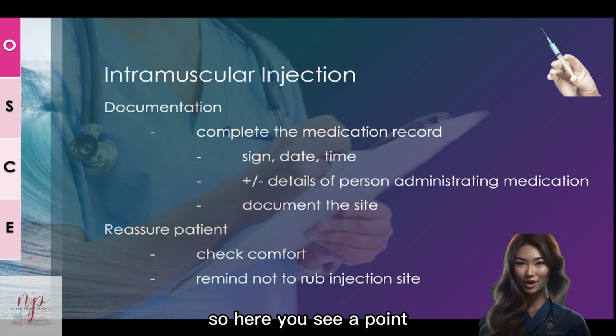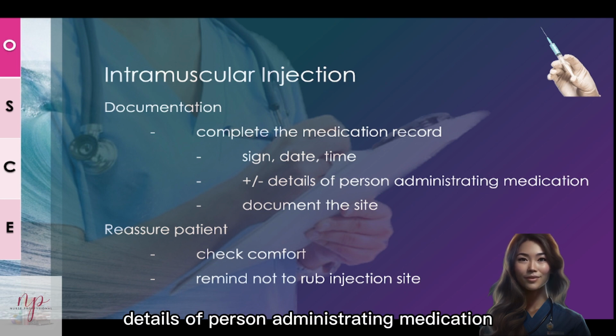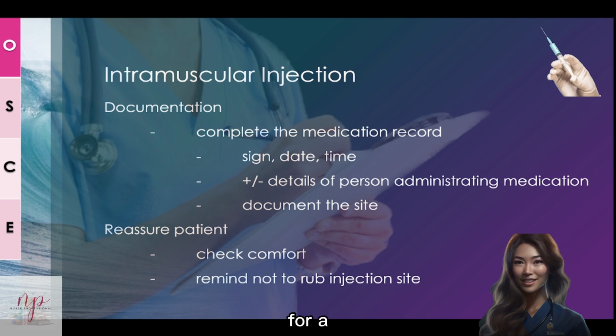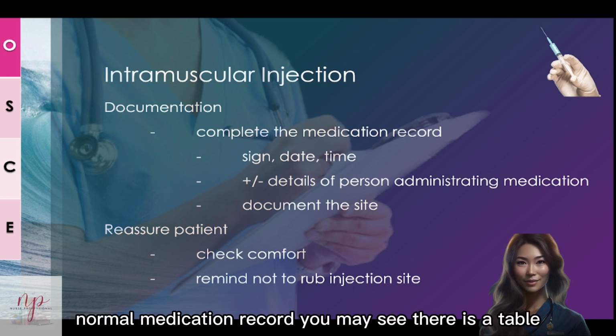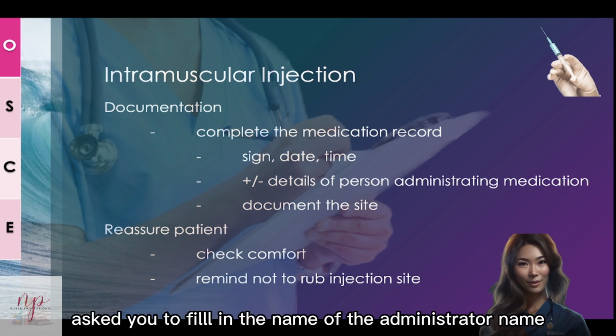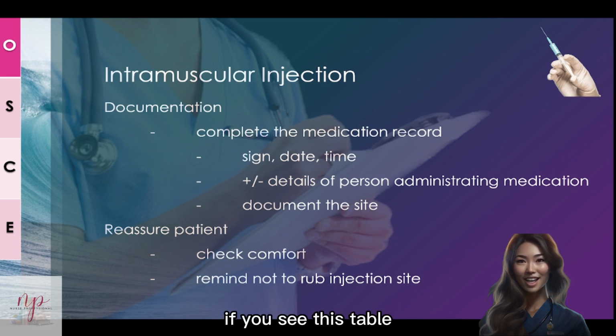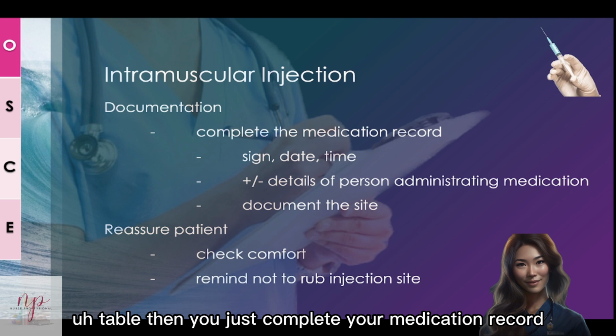So here you see details of the person administering medication. For a normal medication record, you may see there is a table asking you to fill in the administrator's name. If you see this table, please write down your name. If you do not see this table, then you just complete your medication record, okay?